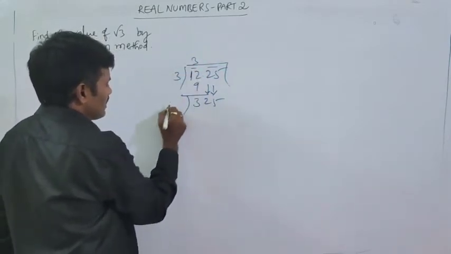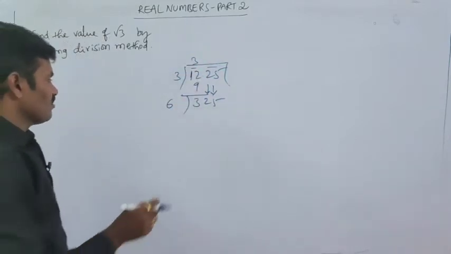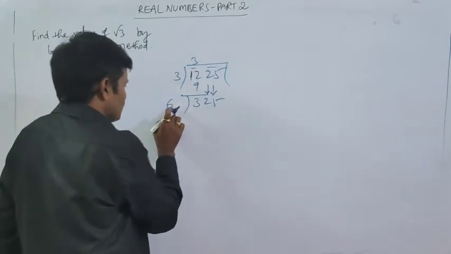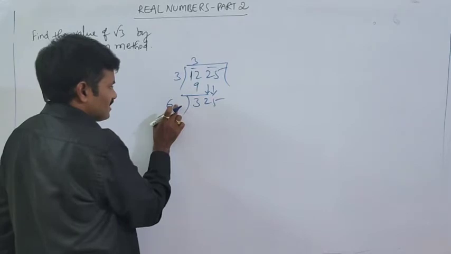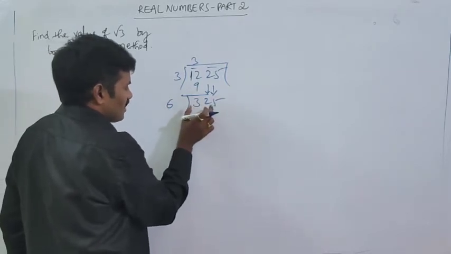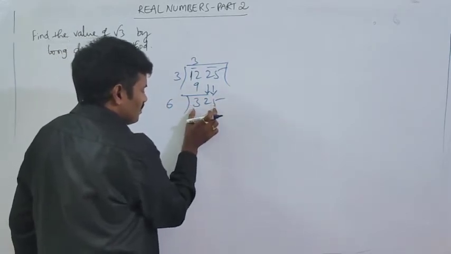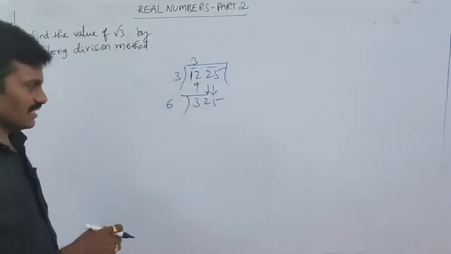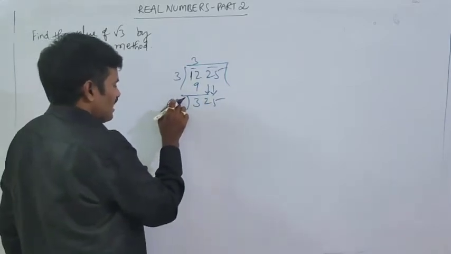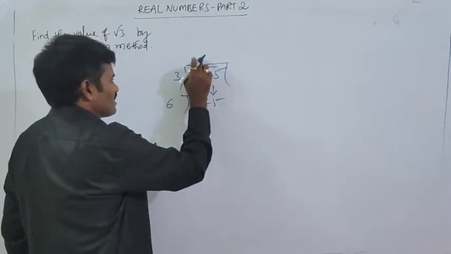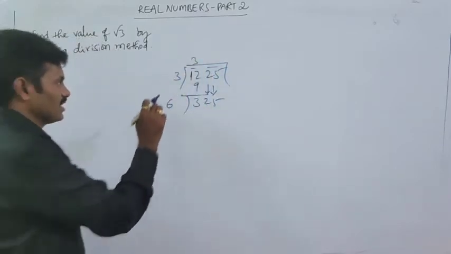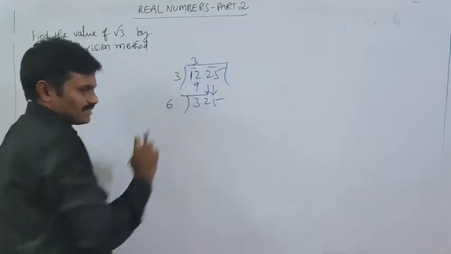Then 2 3s are 6, and we have to place one digit here such that we get a value very near to or the same as the remainder. The same digit we have to consider in the quotient. That digit is the second digit of the quotient.